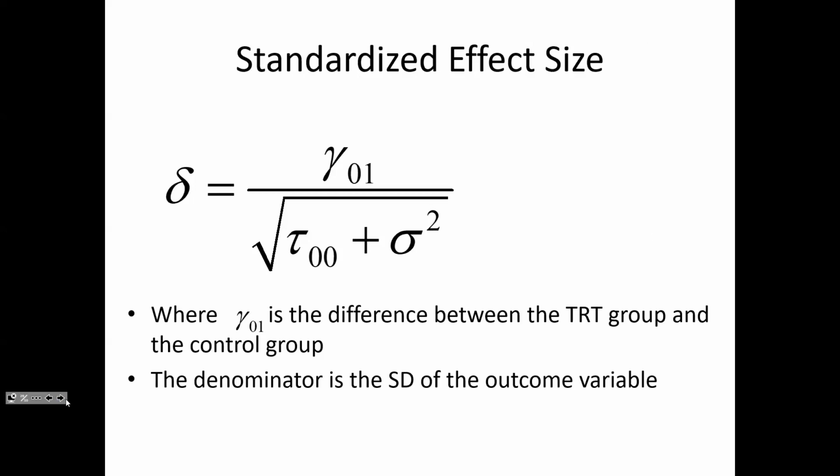Right now this is an unconditional Cohen's d, not adjusted for covariates, though you can do that easily. You take tau naught plus sigma squared from the unconditional model, which gives you the total variance in the outcome variable, and take the square root of that to get the standard deviation. So an unconditional Cohen's d estimate is really quite simple.